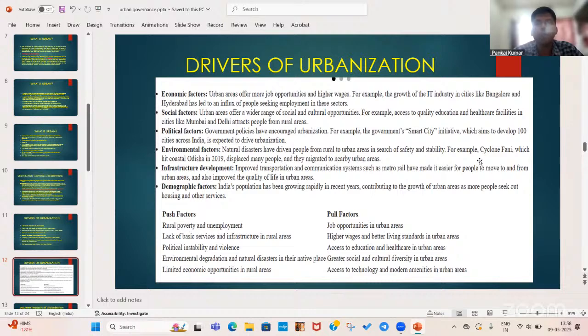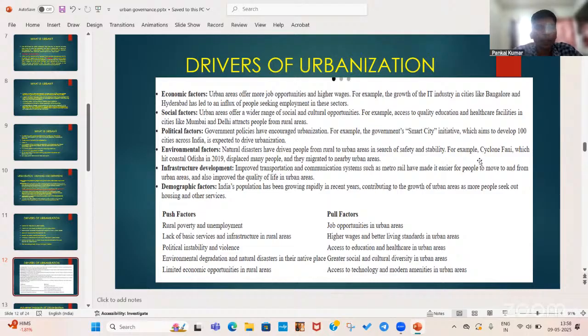There are some parts of our country which are periodically subjected to floods and droughts. For example, rivers like Kosi and Damodar cause floods every year in their catchment areas. So people are displaced annually. That's why people in search of safety and stability also move towards urban cities.